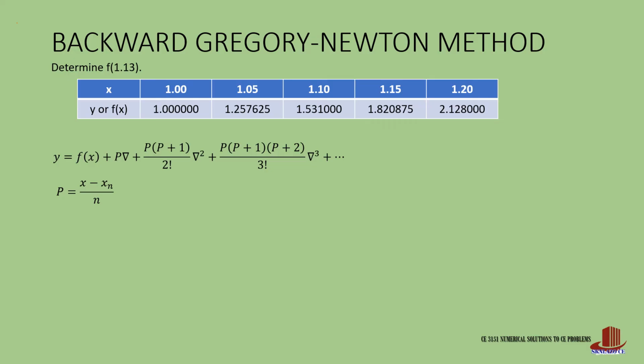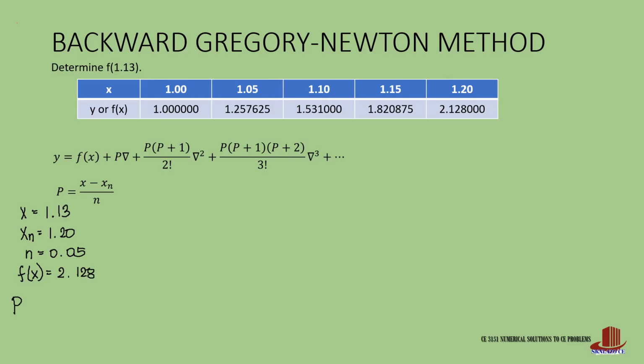Then let's proceed with the given. Our x would still remain as the required 1.13, but x sub n would be the real last value, which is taken as 1.20. h would still be 0.05, but f of x of the last value is 2.128.